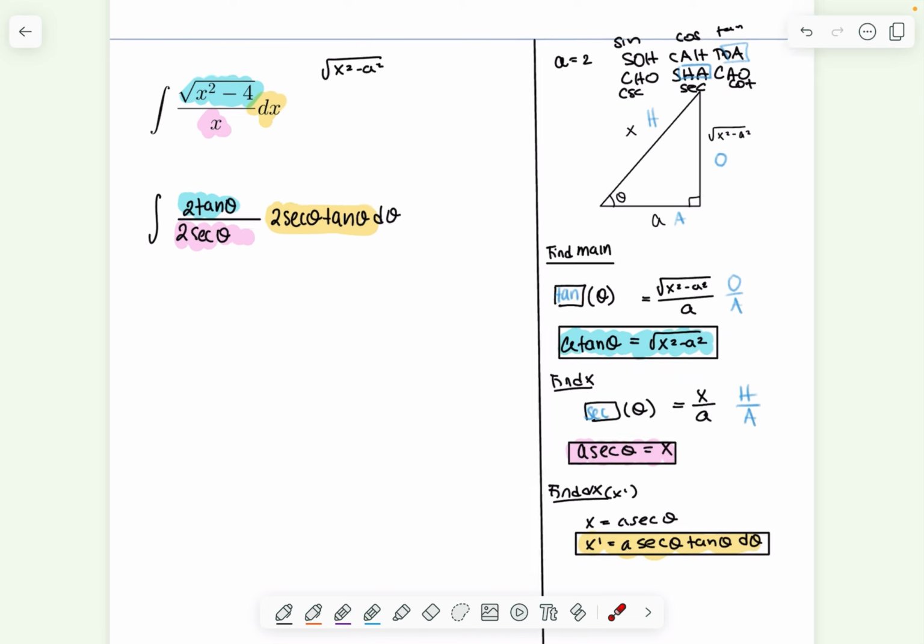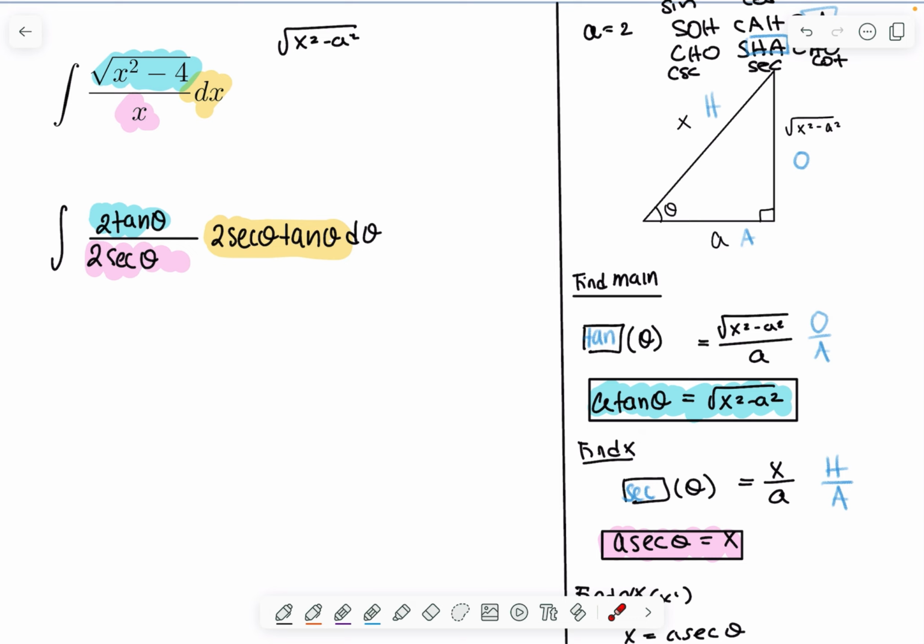So now we're going to actually do the integral. So in this case, these here cancel out. So we're left with 2 tangent of theta times another tangent of theta. So this really just becomes tangent squared of theta d theta integral here. We can bring out the 2 to the front, and then we have the antiderivative of tangent squared of theta.